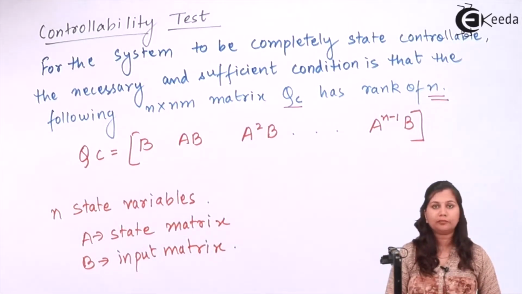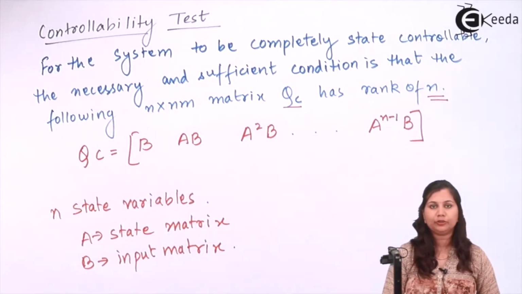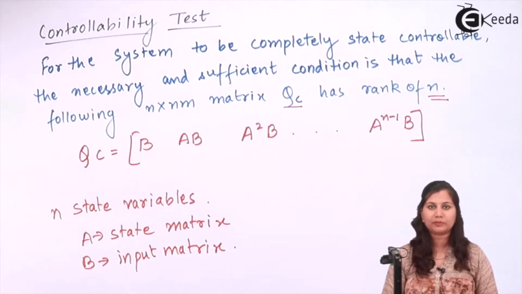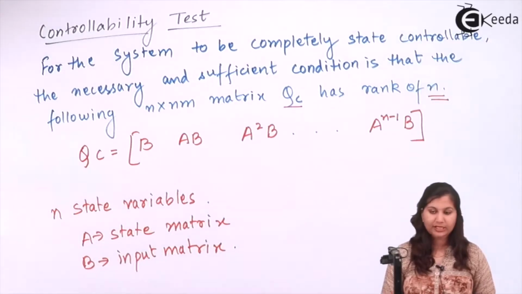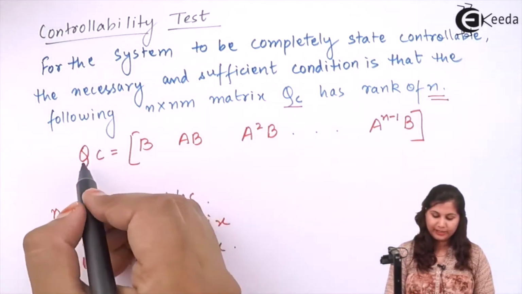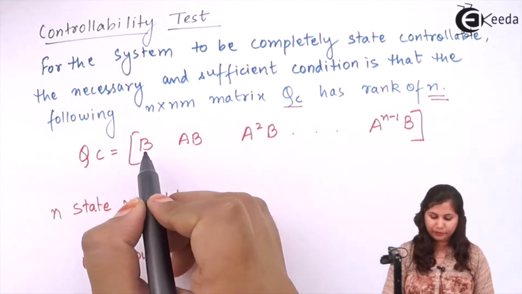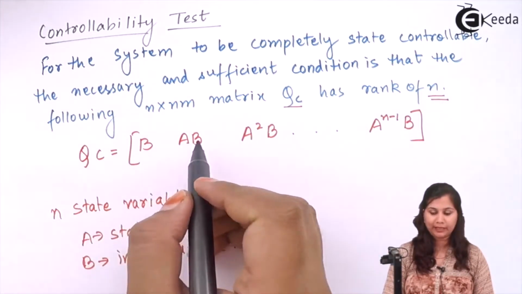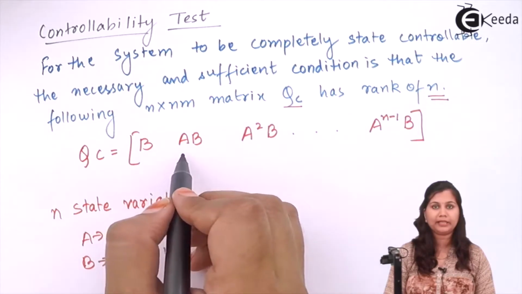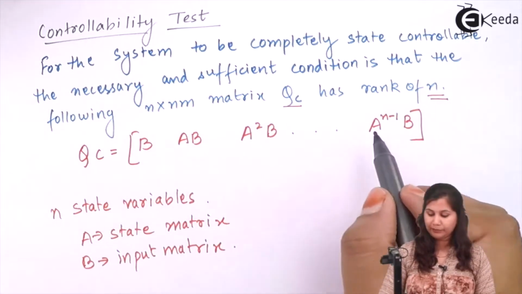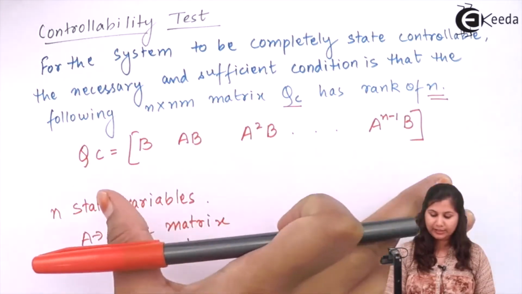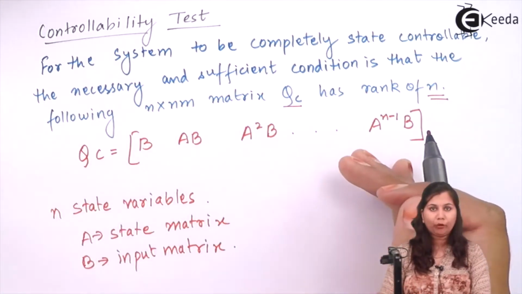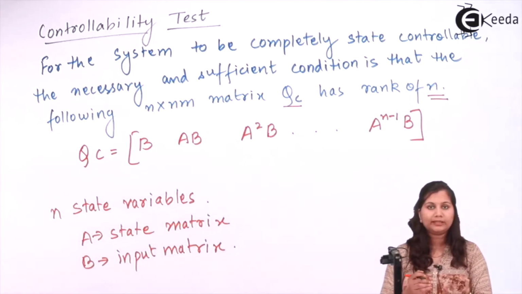So the state model is given to us as x dot equals Ax plus Bu. So A and B are given to us. A was our state matrix, B was our input matrix. Then calculate this QC matrix. The first element will be the B matrix, the second element will be the multiplication of A and B, up till A^(n-1) B. When you have completely formed this matrix, then calculate its rank.